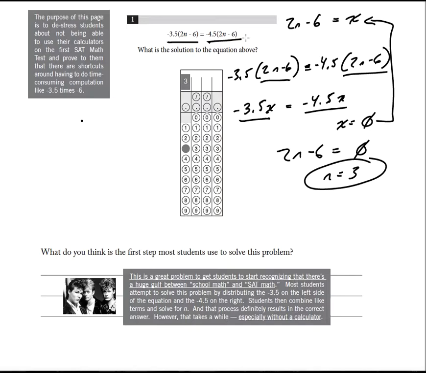And since they don't have their calculator, they would be sitting there doing things like, okay, negative 3.5 times 2, I think that's negative 7. And then negative 3.5 times negative 6, and it's 21.0. In any event, the point is, it would take them a while, because they'd have to do basic computation without the aid of a calculator.